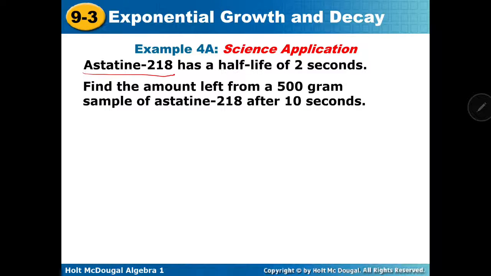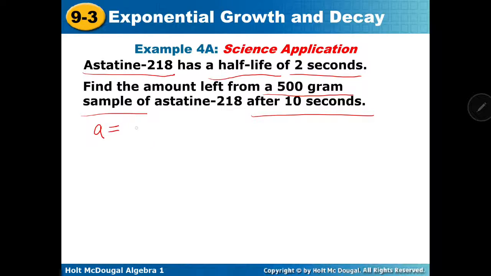Astatine 218 has a half-life of 2 seconds. Find the amount left from a 500-gram sample of astatine 218 after 10 seconds. What is A?